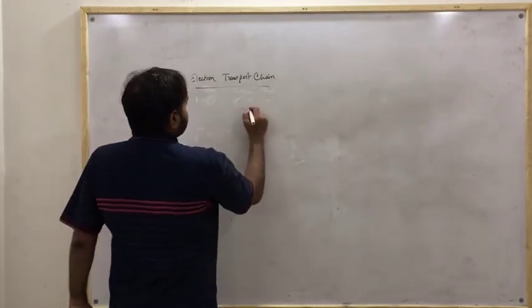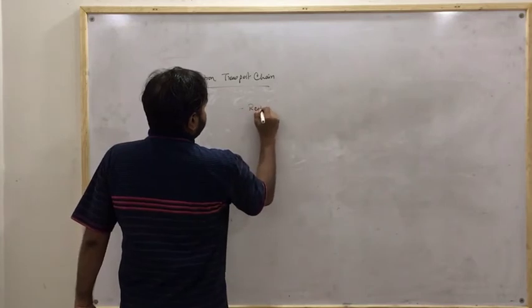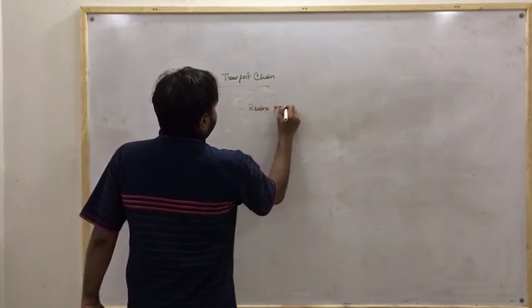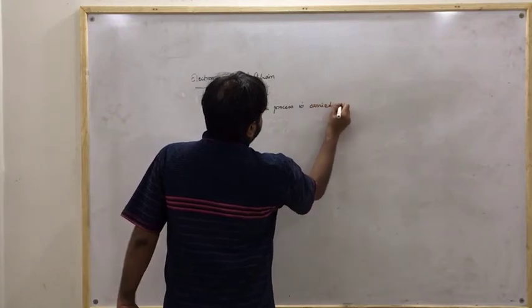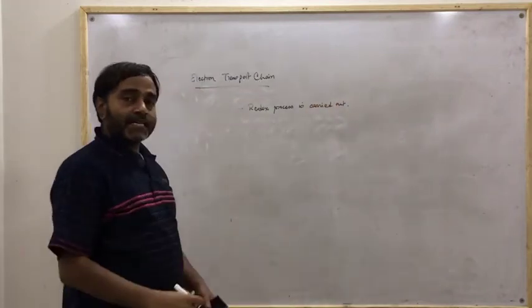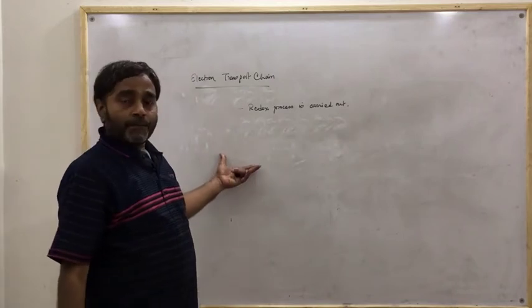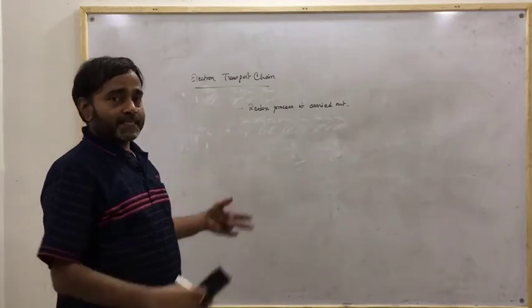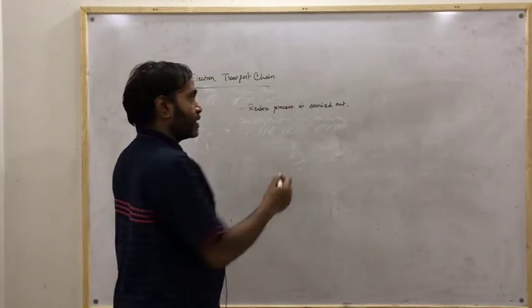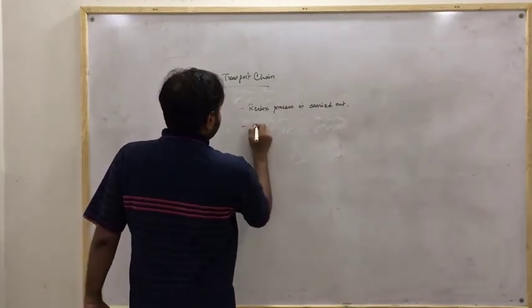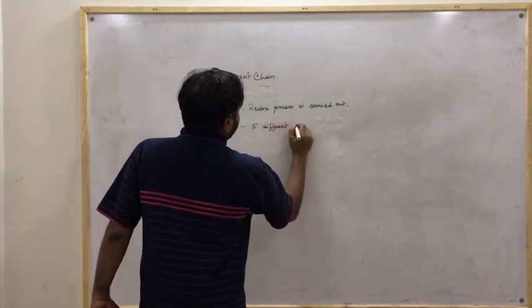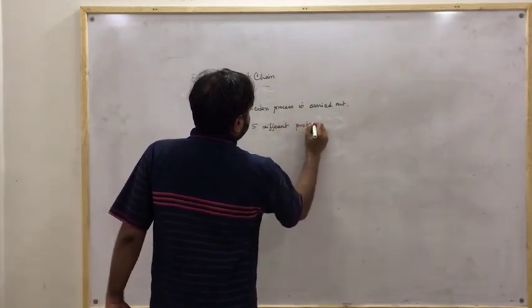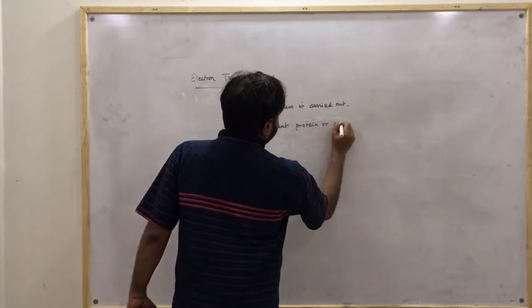in a chain. Here the redox process is carried out, and finally the energy is synthesized by the ATP synthase enzyme, which is located at the last, and it contains 5 different protein, or you may say enzyme complexes.